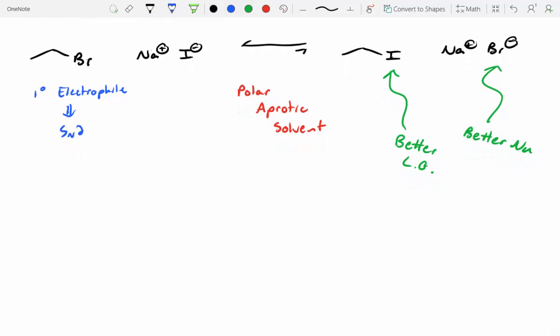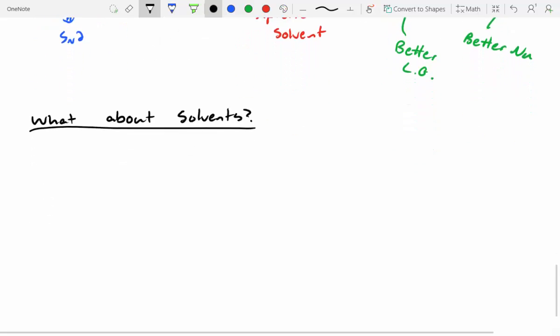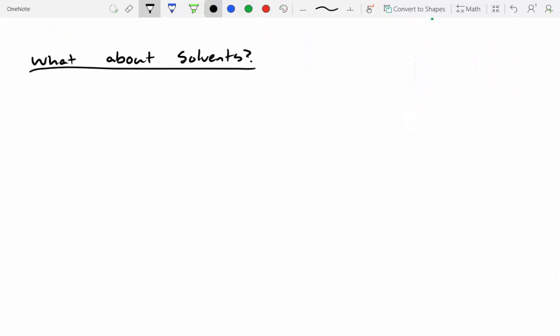All right? So now let's go down a little bit, and let's talk about solvents again. Solvents come back in this section. And let's review what we covered yesterday.